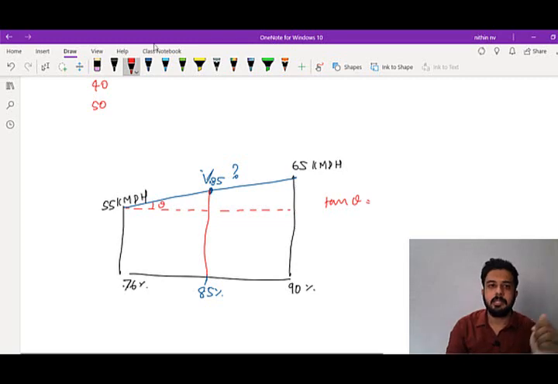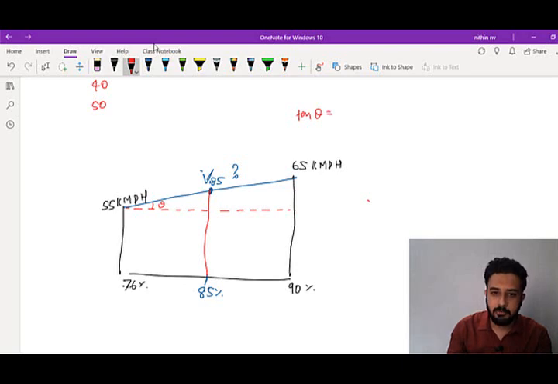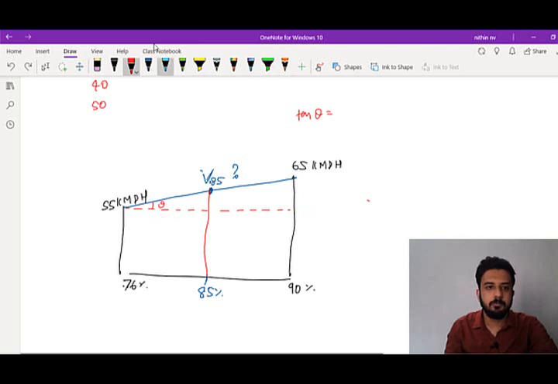So what will be tan theta? It is nothing but y1 divided by x1. Let me use some other color for better understanding.